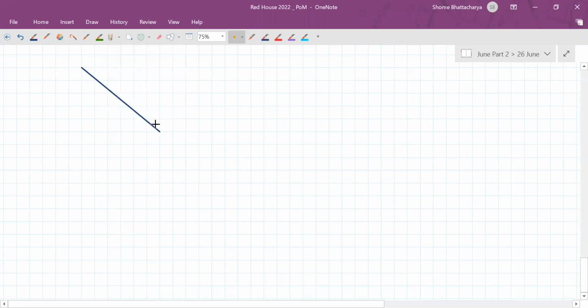So we have a metallic bar like this, which is rigidly attached to some surface like this, like a wall.